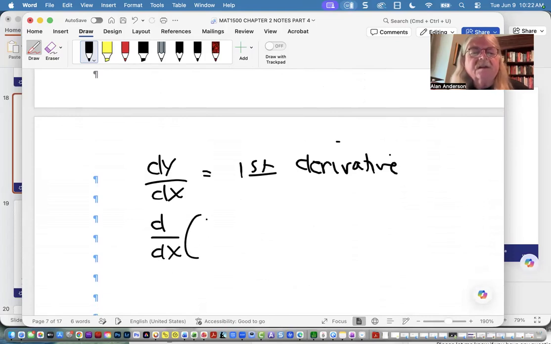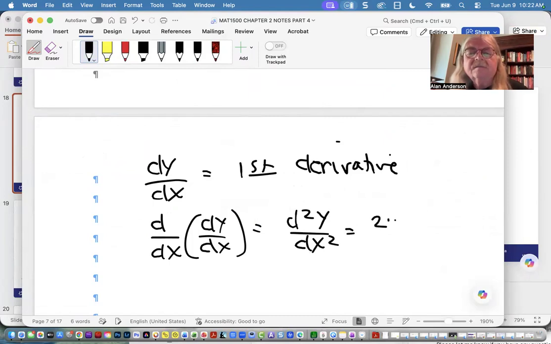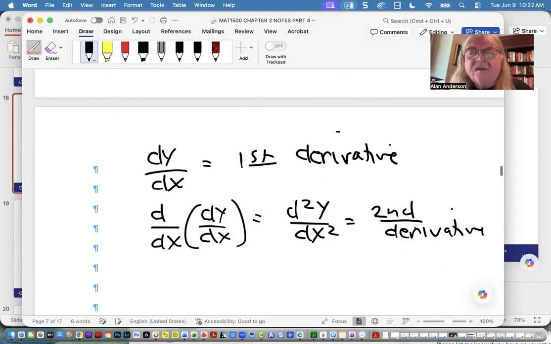So what you're doing is this. Then the way they represent that is d squared y over dx squared. And then after that, they're all the same.